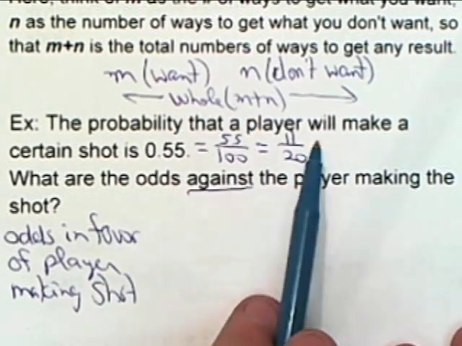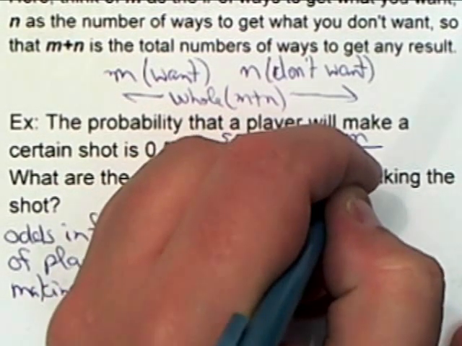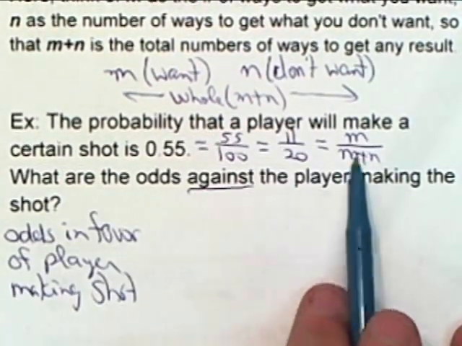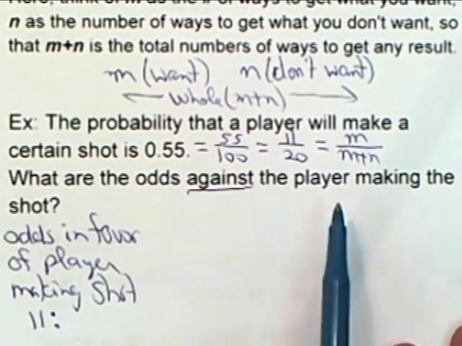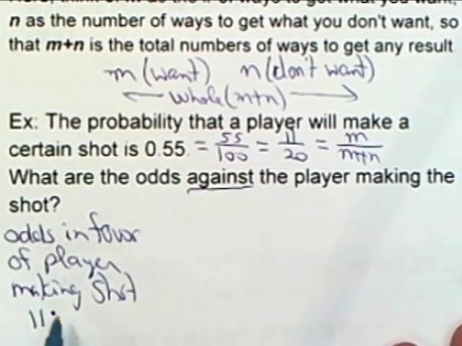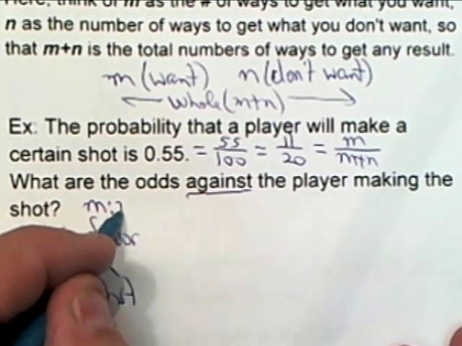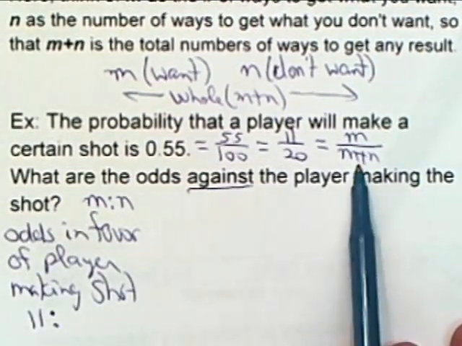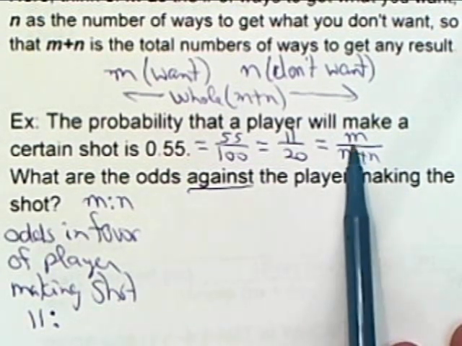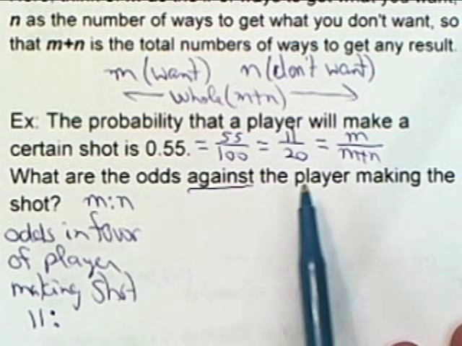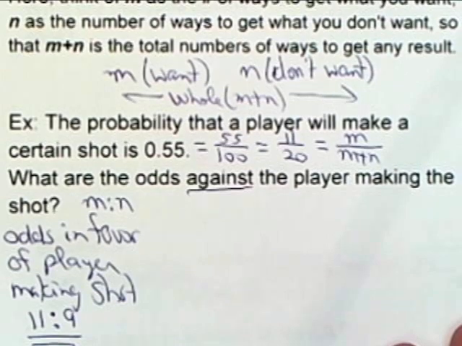Remember that the numerator is the m, and if you have to think about this, be explicit. M is the numerator, so that would be 11 to n. The odds are m to n. Remember, m to n. But what is n? Well, the total is 20, and n is what it takes added to m to get 20. So if m is 11, n must be 9. So the answer for the odds in favor would be 11 to 9.